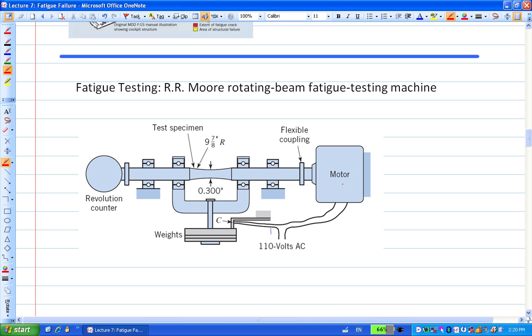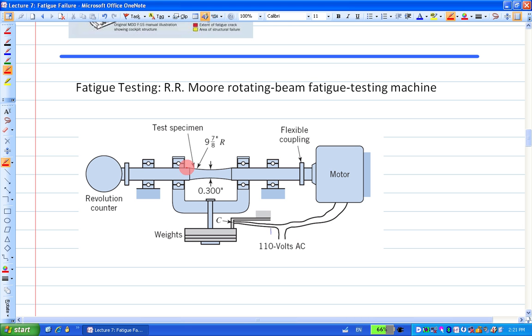There are different ways of testing the fatigue strength. This one is the so-called R. R. Moore rotating beam machine. You will use this machine in your fourth year mechanical engineering lab. It's a standalone testing machine, and we do have one in the lab here. What this machine does is it tests a so-called test specimen.